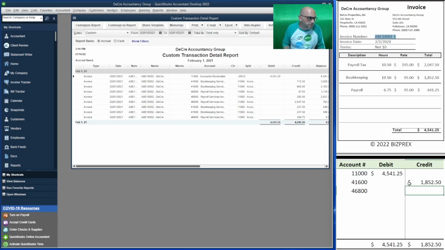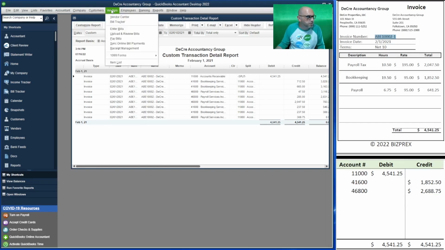And the rest, by definition, should be, if this is our bookkeeping, the rest should be payroll. But let's double check, make sure that we didn't mess it up. Yes. All right, cool. So it added correctly.